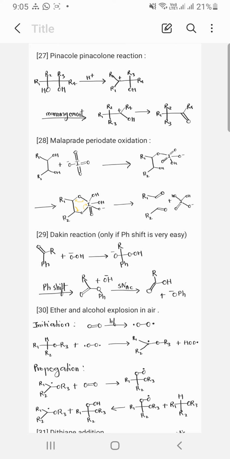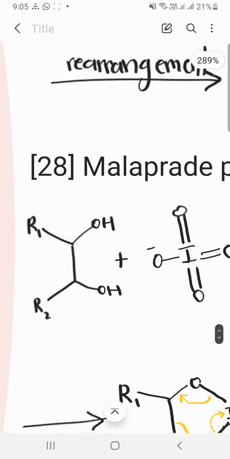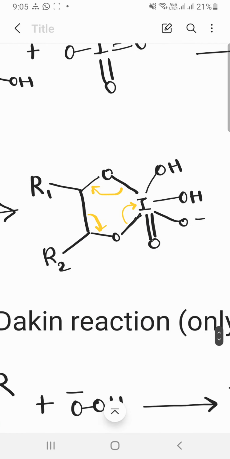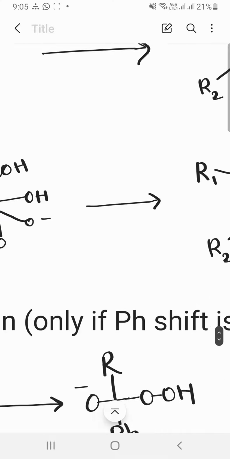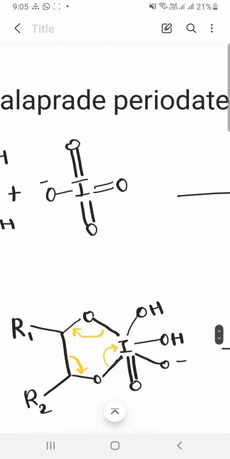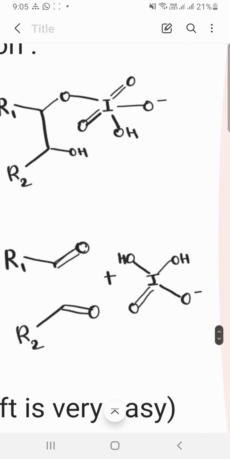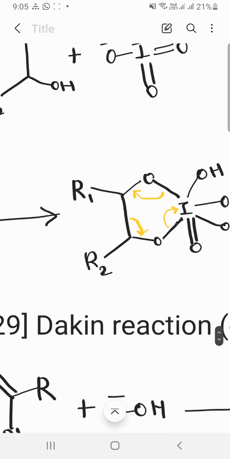So the main step is this thing, that from here you go to this, and from there you break some stuff. So you break one of the oxygen carbon bonds, and at that point you also form one of the oxygen. So you actually completely destroy the carbon bond as well. Okay, that's weird.